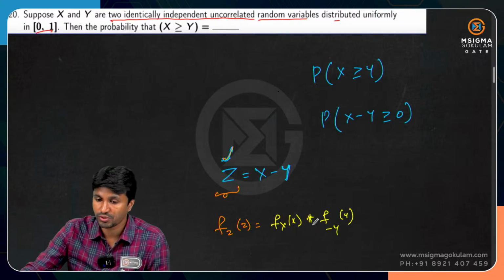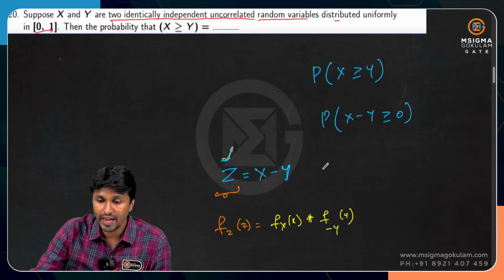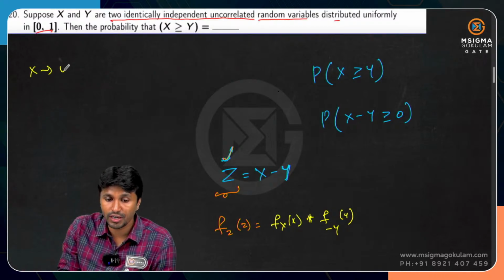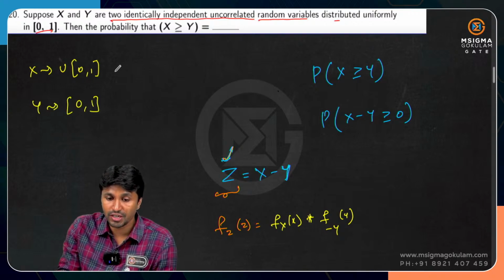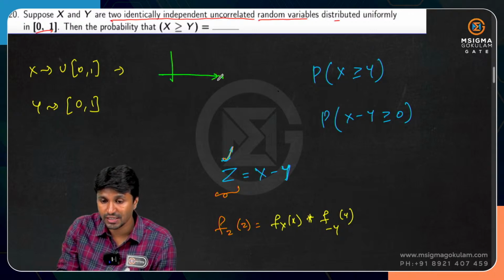So x is uniformly distributed in the range 0 to 1 and y is also uniformly distributed in the range 0 to 1, right? If you draw the PDF of random variable x, it is f_X of x equal to 1 from 0 to 1.